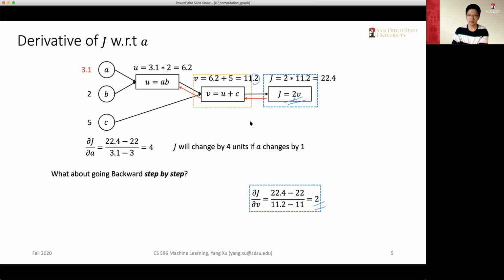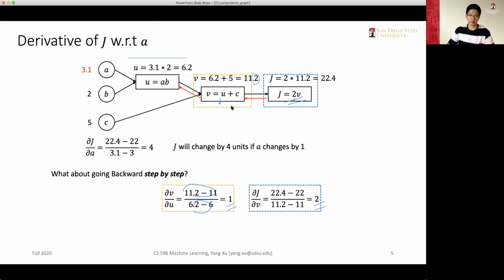So using the intermediate variables here, the derivative of v with respect to u is the change in v, which is 0.2, divided by the change in u, which is 0.2, which is 1. This 1 also comes from here, because v is a linear function of u plus c, and the coefficient is 1 here. So of course the derivative is 1.